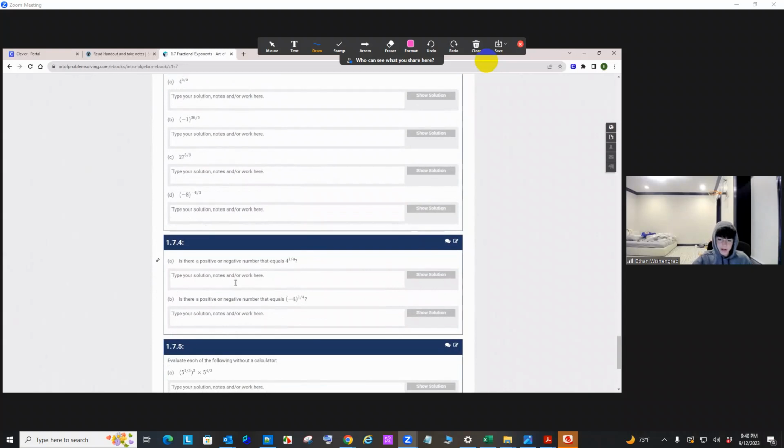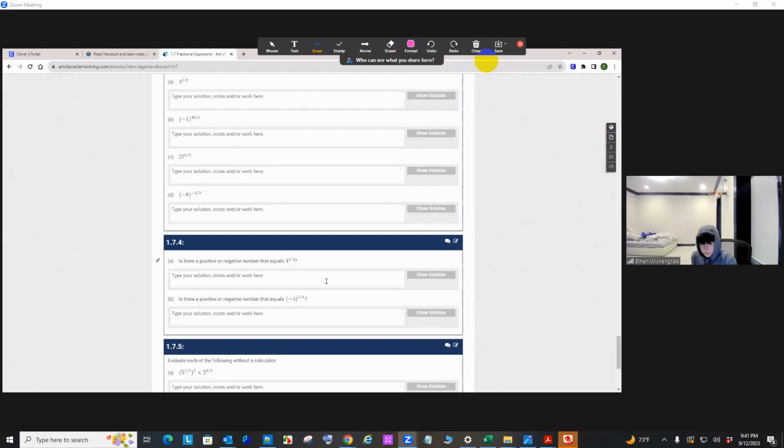1.7.4 A and B are different, right? Is there a positive or negative number that equals 4 to the 1/4? Well, they're asking for the 4th root of 4. So yeah, there seems to be a positive number that's true.